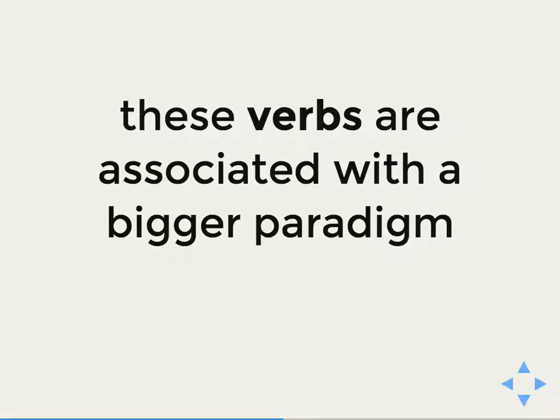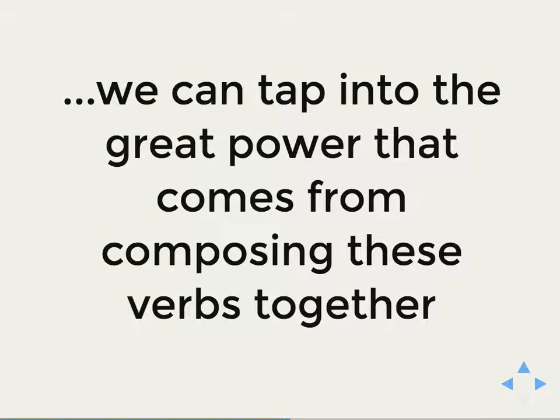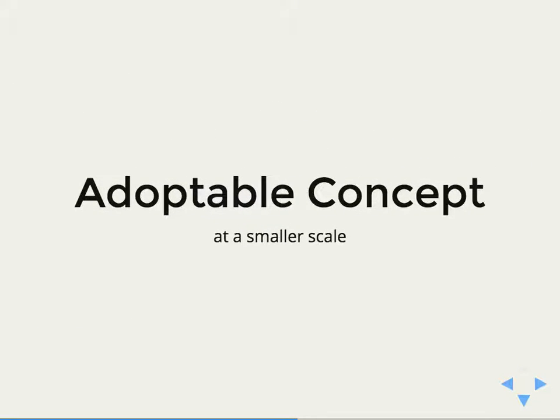And so these verbs are not just methods off the prototype of an array, they're part of this bigger paradigm of functional programming. And because of that, we can tap into their power that comes from composing those verbs together as we flow through our process. So you don't have to adopt the whole thing all at once.